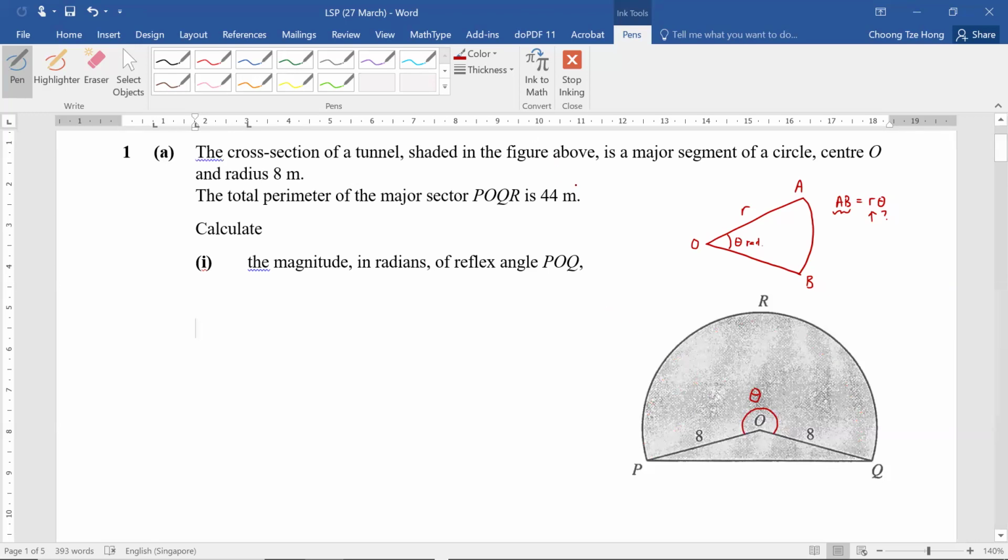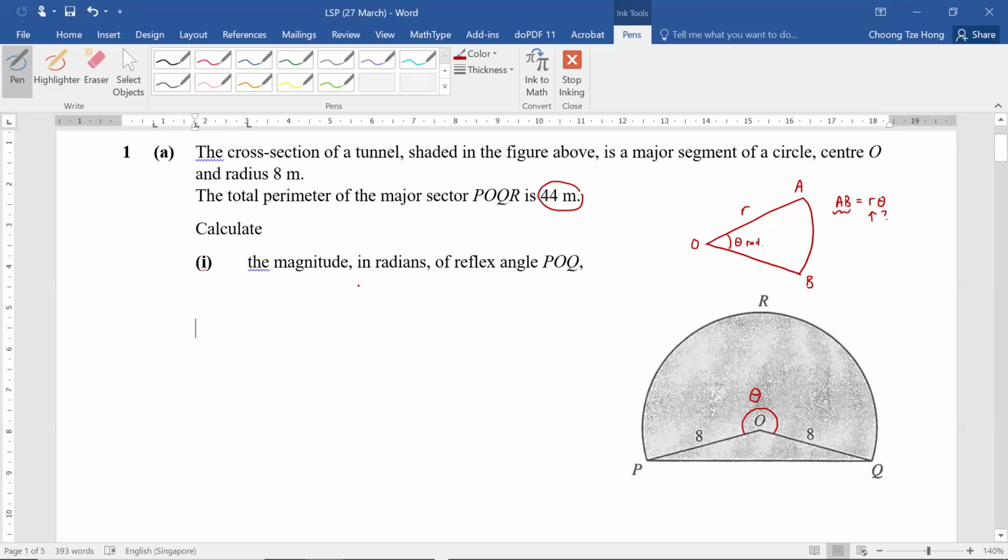The info given is that the perimeter of the sector, that means P to O, O to Q, and the arc QRP, is 44. So I can use 44 minus 8 minus 8 to find the arc length. Once I know the arc length, I can apply arc length equals R theta to find the reflex angle POQ.